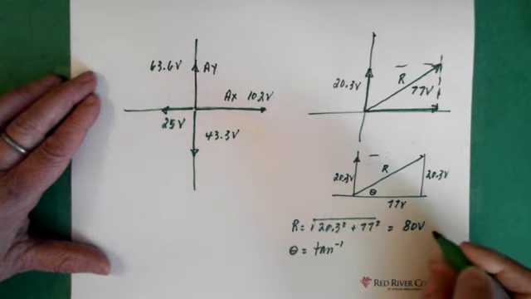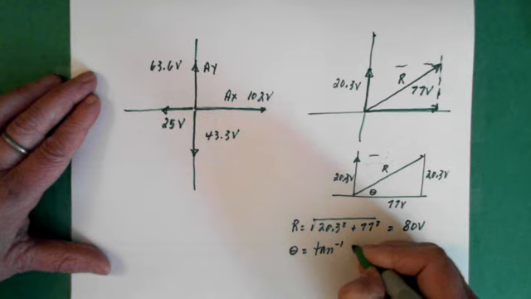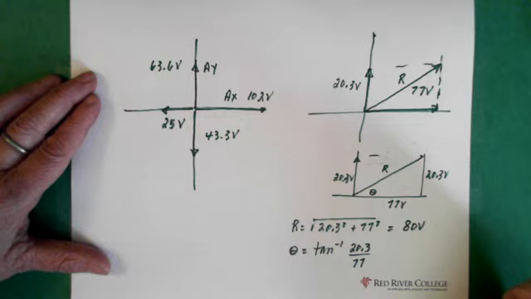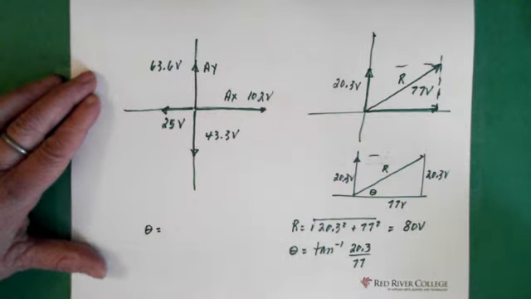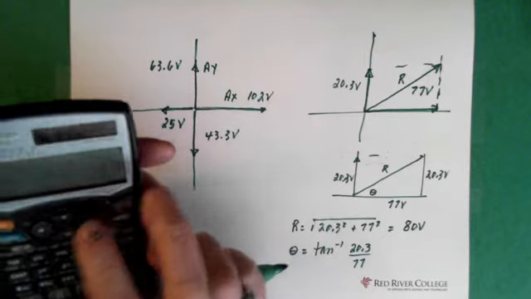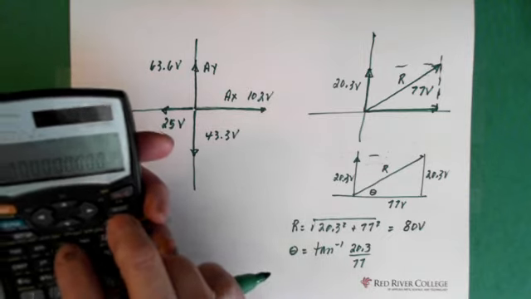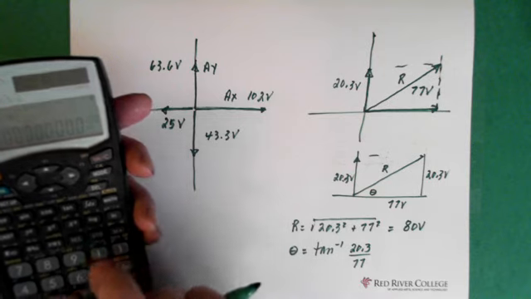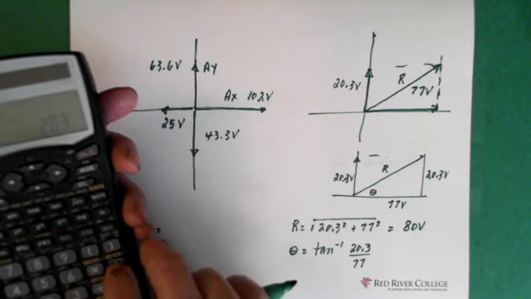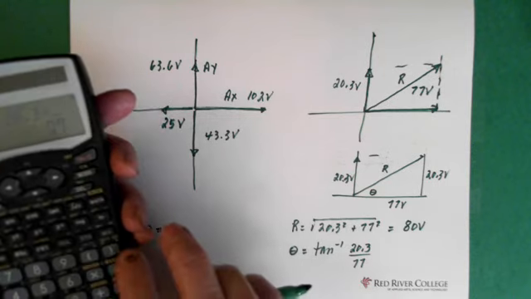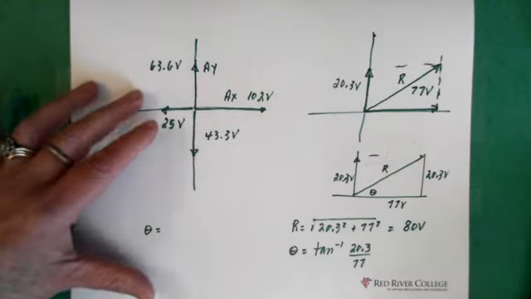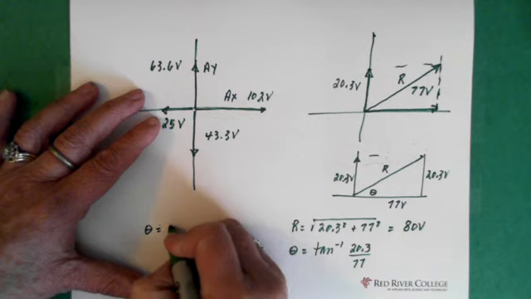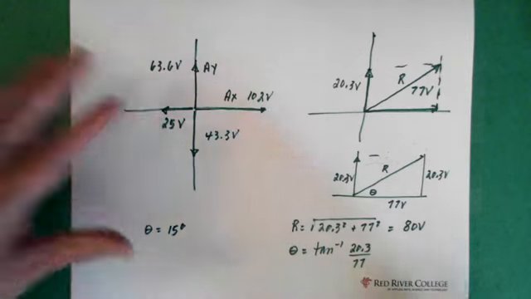So tan to the minus 1 of 20.3 over 77. So theta then equals second function tan 20.3 divided by 77. 14.7, so let's go with 15 degrees. So we end up with 15 degrees.